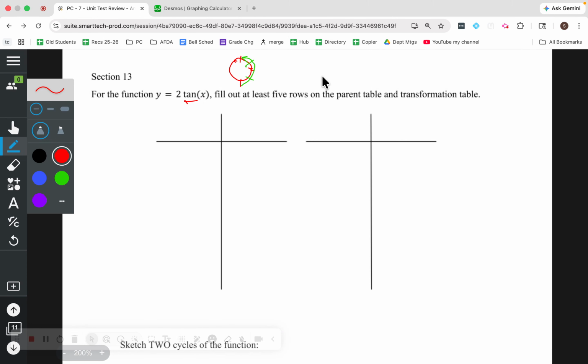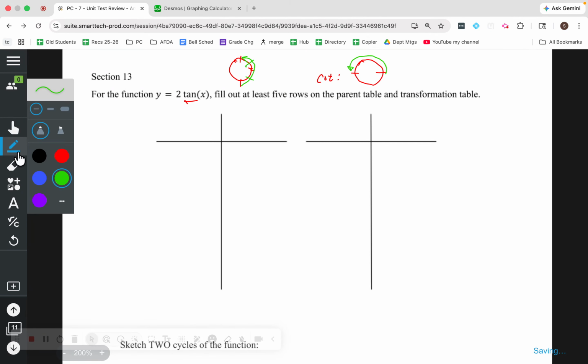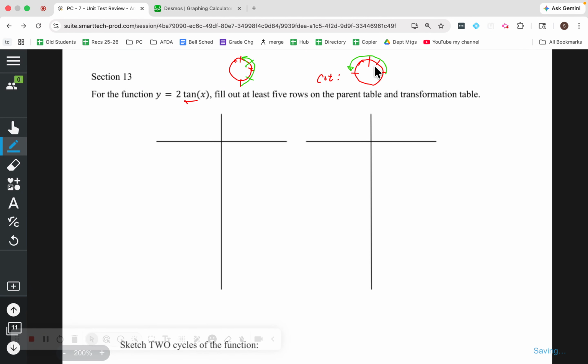For cotan, you're going to be using the angles that go from 0 to pi. And along the way, you're going to hit pi over 4, 3 pi over 4.